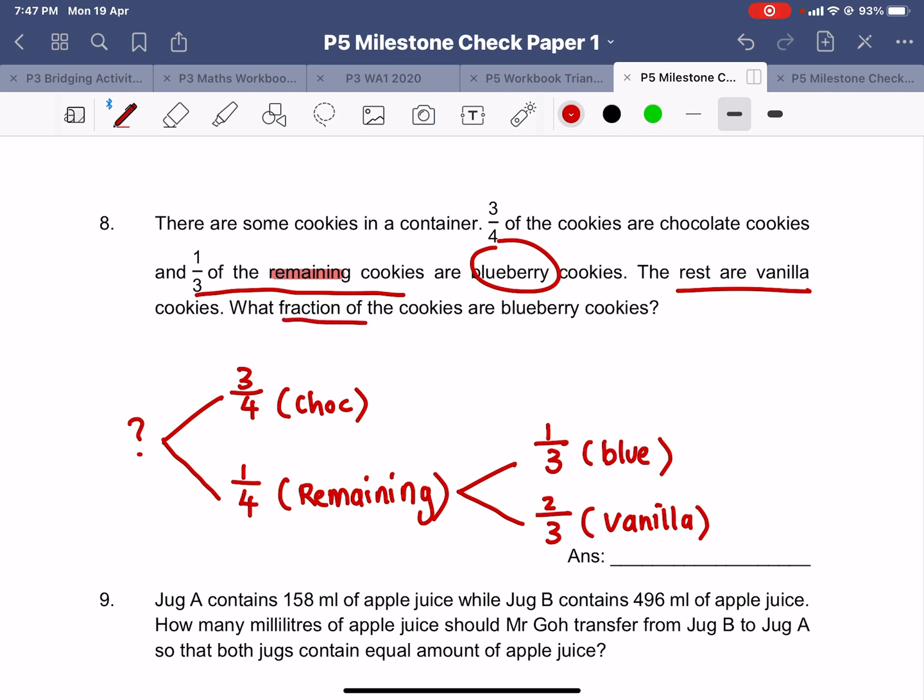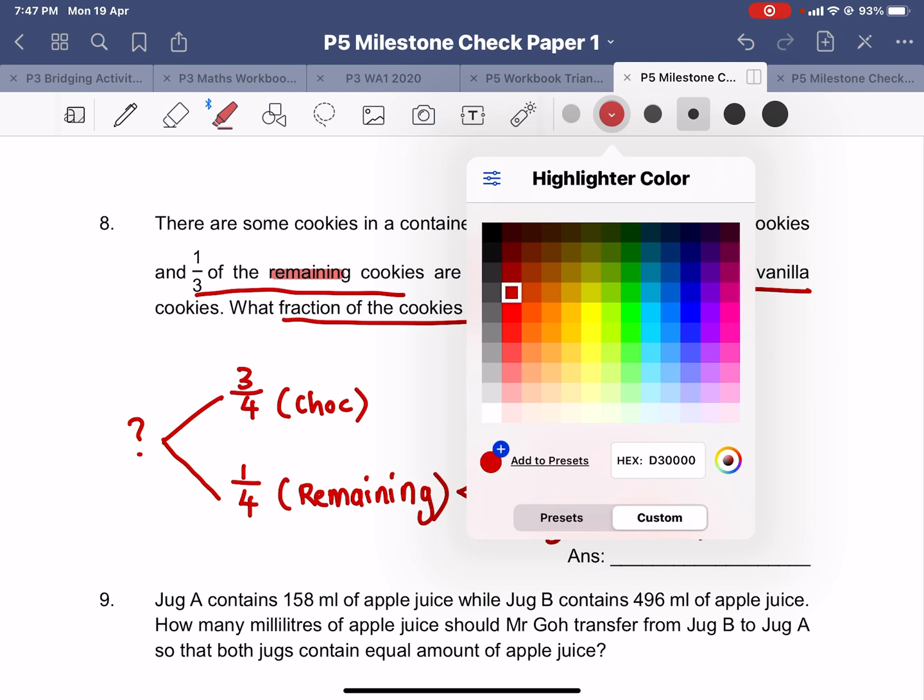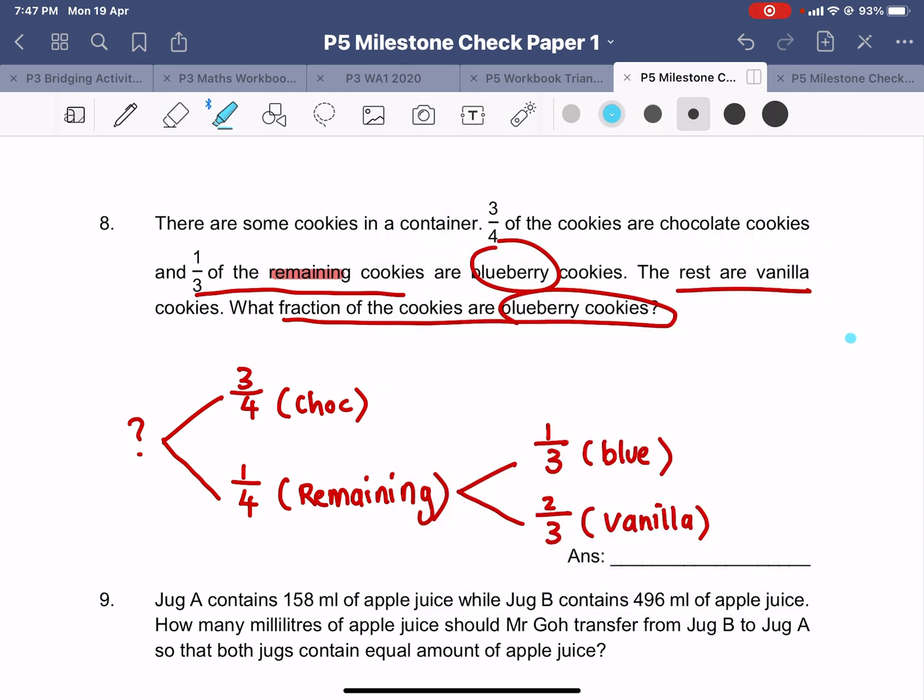So question is, what fraction are blueberry? Alright, so with the highlighters ready, you are now ready to trace the branch that shows blueberry, right? So the blueberry is none other than this branch. Alright, we trace back to the roots over to here. So this is how the whole branch is for the blueberry.